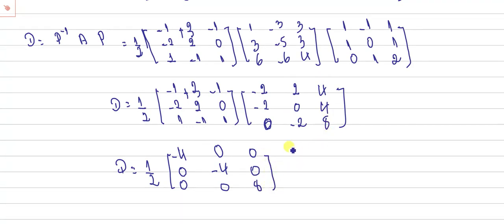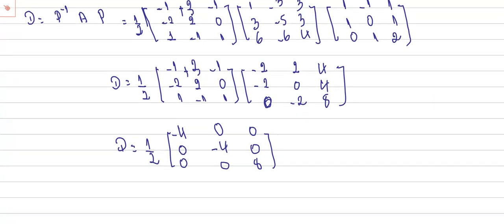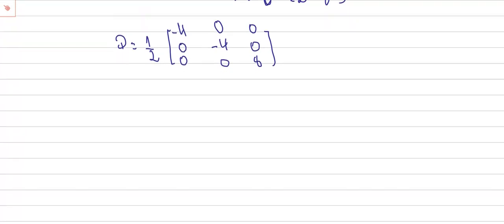So we get our diagonal matrix. Our diagonal matrix D is equal to minus 2, 0, 0, 0, minus 2, 0, and 0, 0, 4.